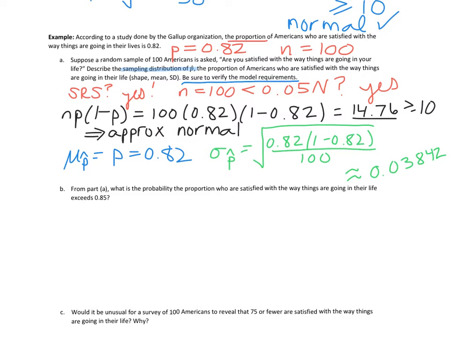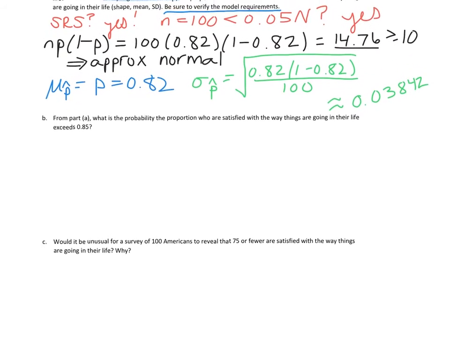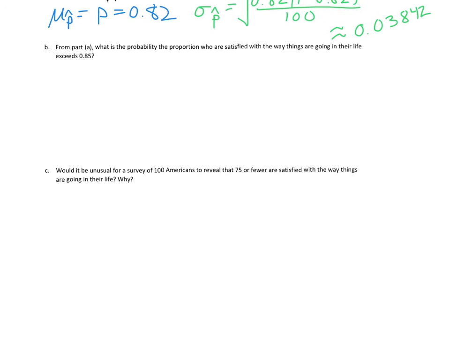So part B, from part A, what is the probability the proportion who are satisfied with the way things are going in their life exceeds 0.85? Okay, so let's do just a very quick sketch. All right, so we know that the mean is p.